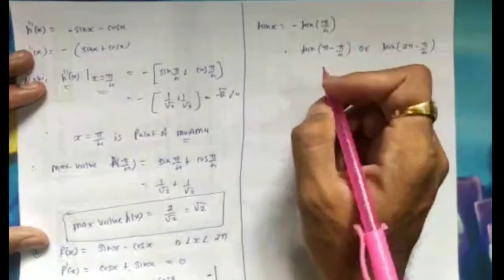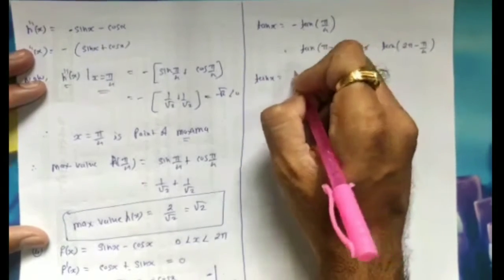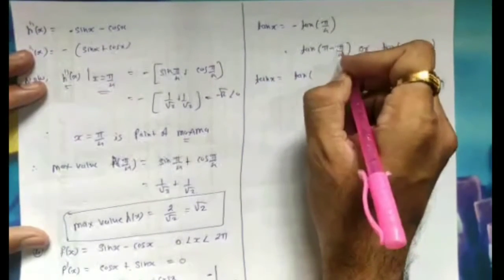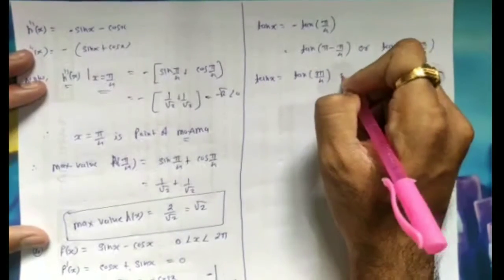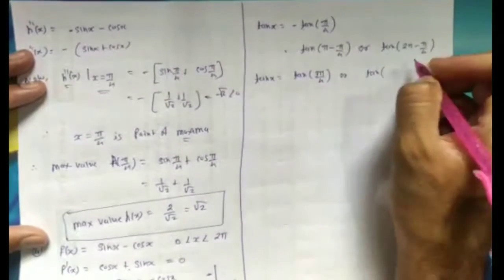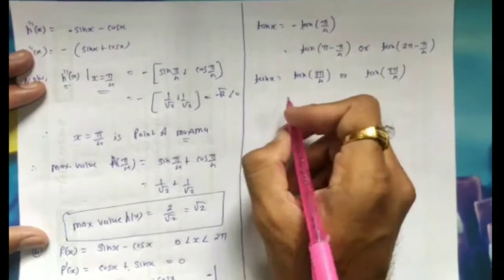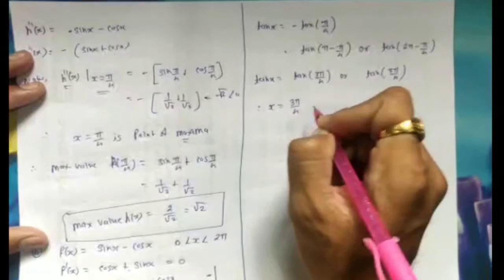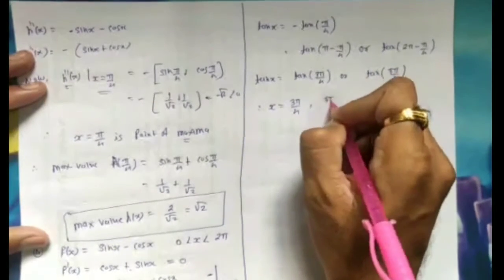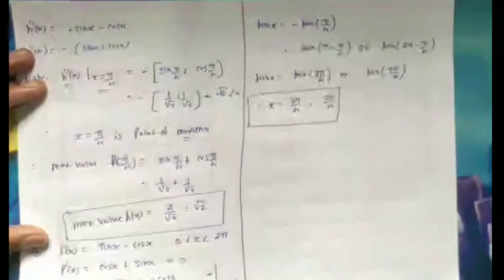So here our x is nothing but pi minus pi by 4, which is 3 pi by 4, or 2 pi minus pi by 4, which is 7 pi by 4. So we are getting two critical points, x equal to 3 pi by 4 and 7 pi by 4. These are the critical points.